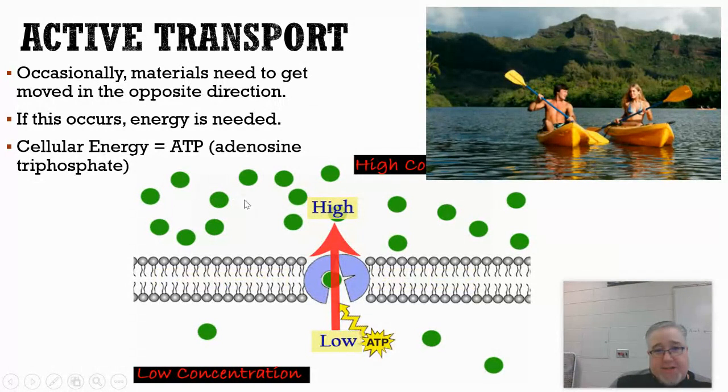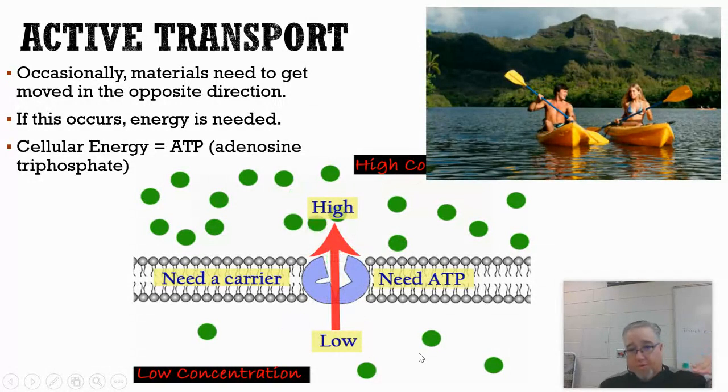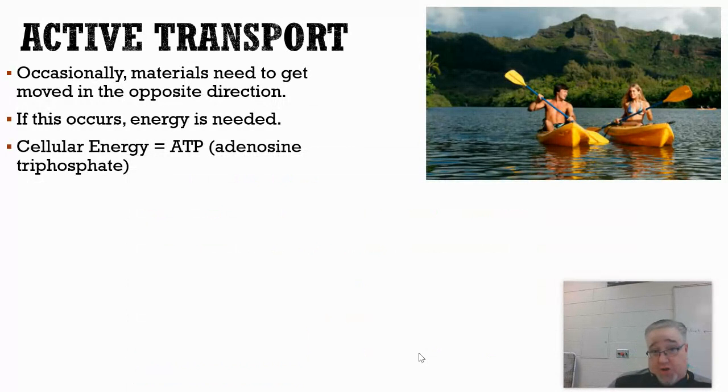And you'll notice these molecules here. Notice how there's a higher concentration over here. There's a lower concentration on the other side. So if those molecules are going to move from low to high concentration, the cell has to exert energy.